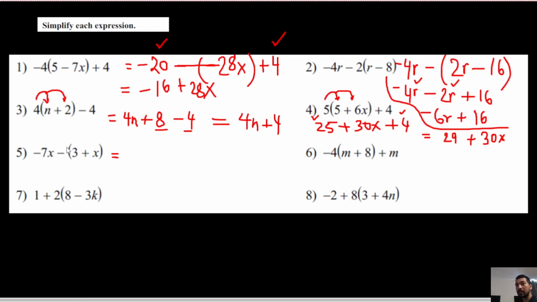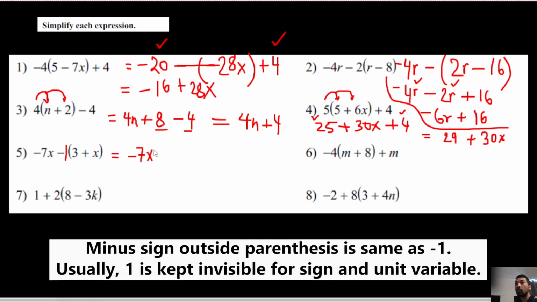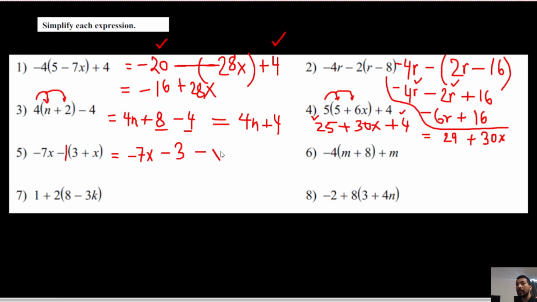So if we keep this 1 visible, we can see that we have negative 7x. Multiply this 3 with negative 1, we get negative 3. Multiply this x with negative 1, we get negative x. So you can see that we have negative 7x minus 3 minus x.